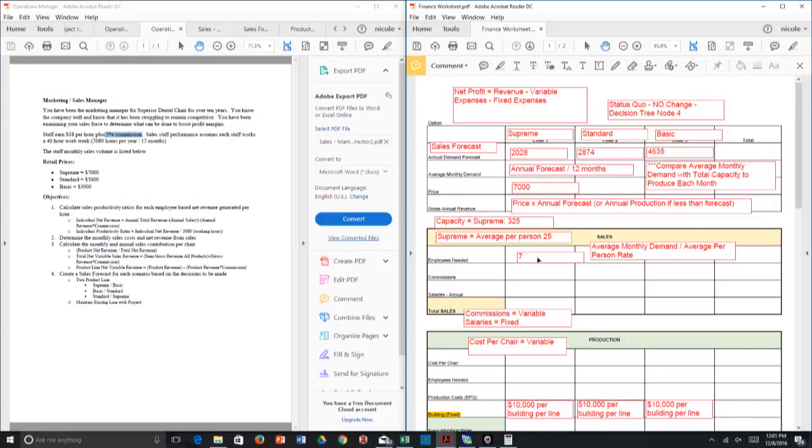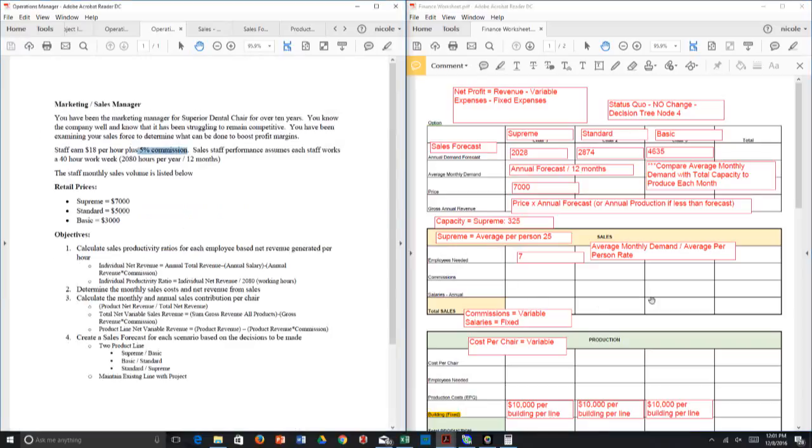We don't have to figure out what each person is going to earn because we know that for every item sold, somebody will have sold it, which means our commissions are 5% times our gross revenue. So commissions here is going to be 5% times the gross revenue total here.